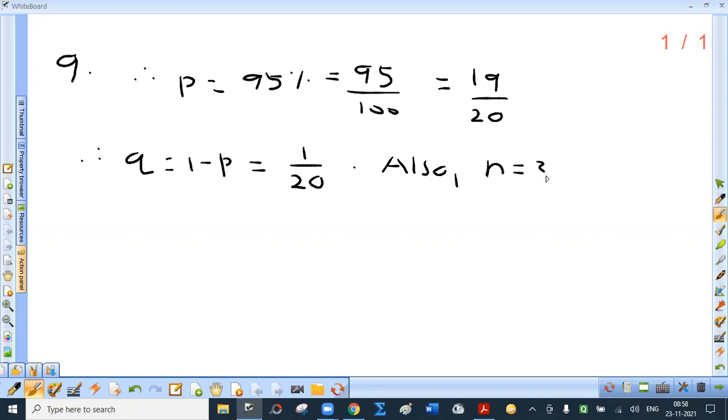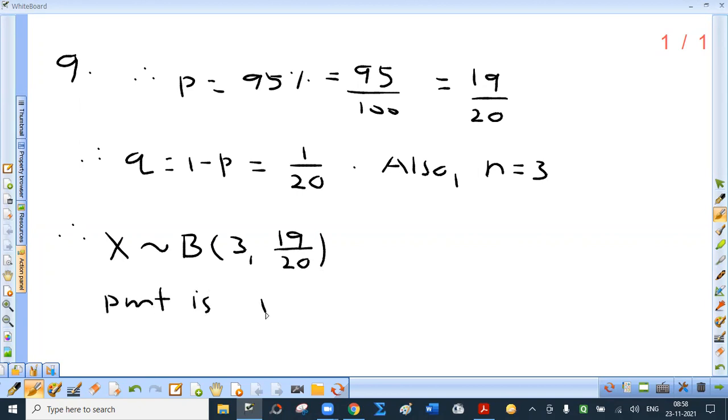Number of floppy disks 3. So n equal to 3. Therefore, X is a random variable following binomial distribution with parameters small n, which is 3, and p, which is 19 by 20. Then what is PMF? nCx p raised to x q raised to n minus x.